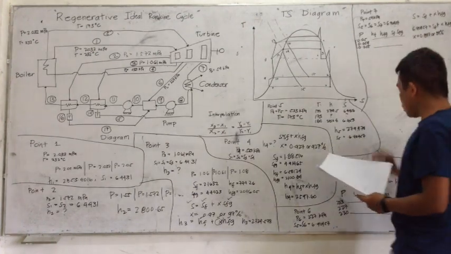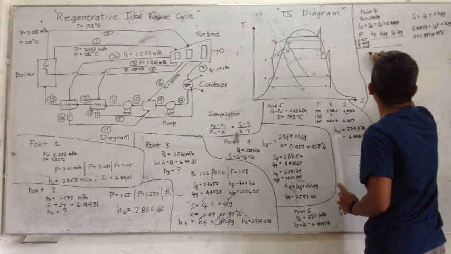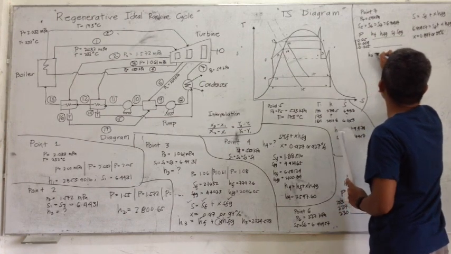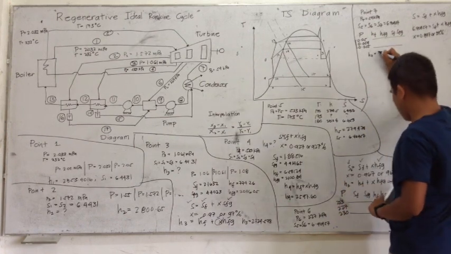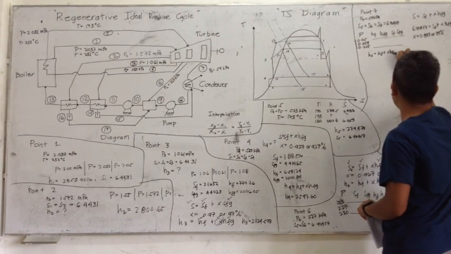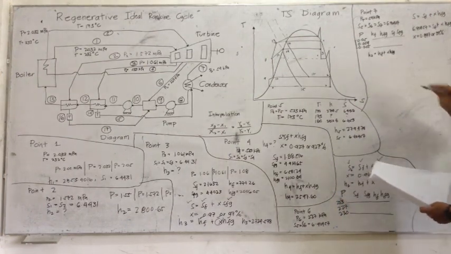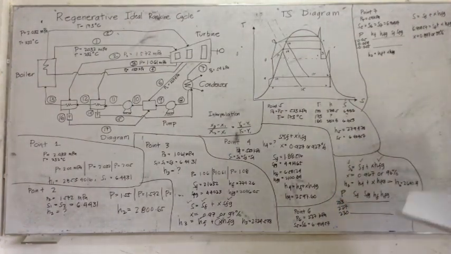Using the same formula we use in locating H, H7 is equal to HF plus X HFG. H7 is the missing component.